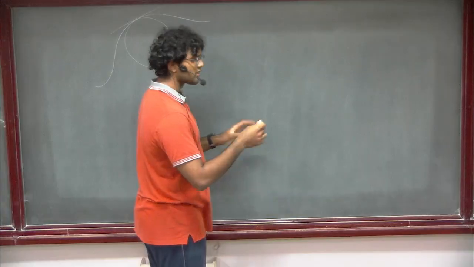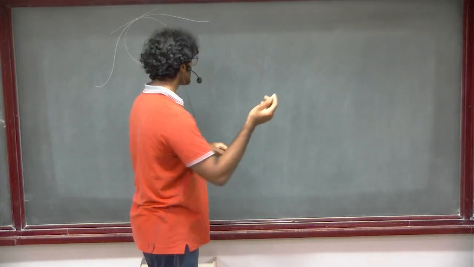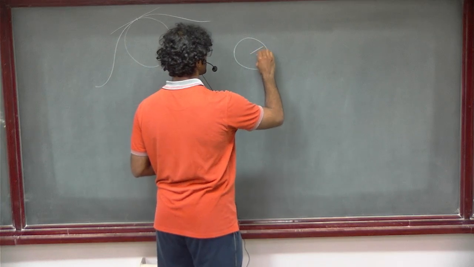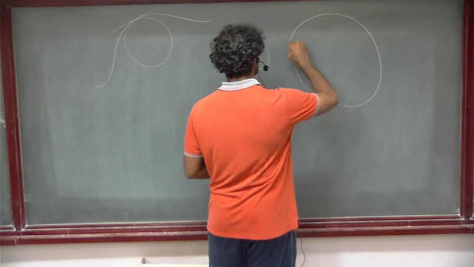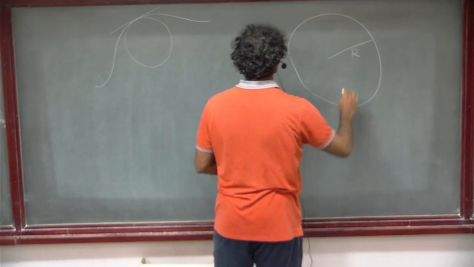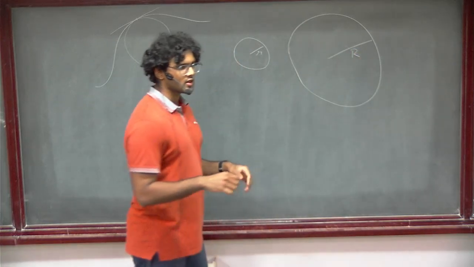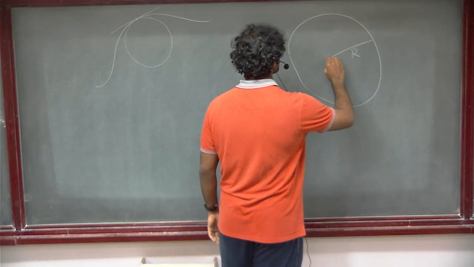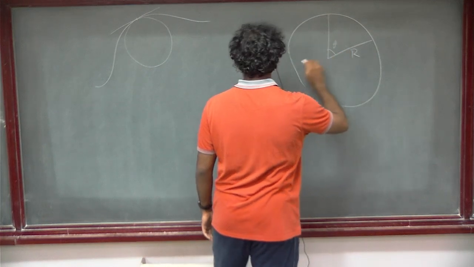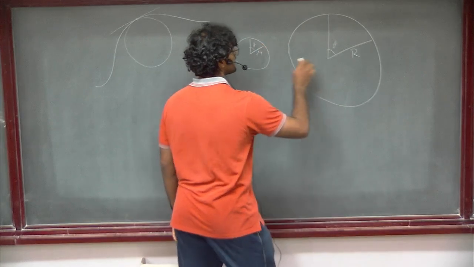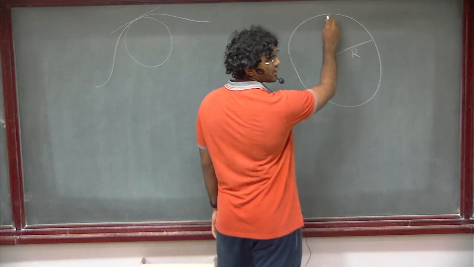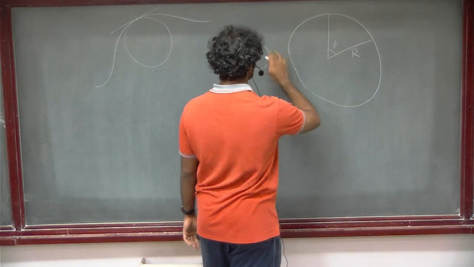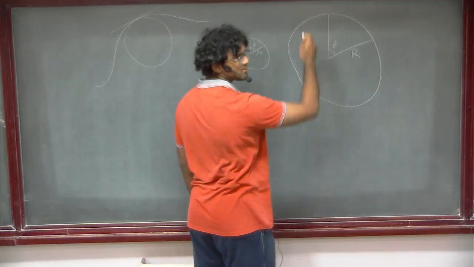We can also think of it as taking 1 over the radius, because if you have a small circle of radius little r and a larger circle of radius R, we're measuring the rate of bending. To subtend the same angle on both circles, on the larger circle you have to traverse a much larger distance. By simple scaling, you have to travel R times more distance.